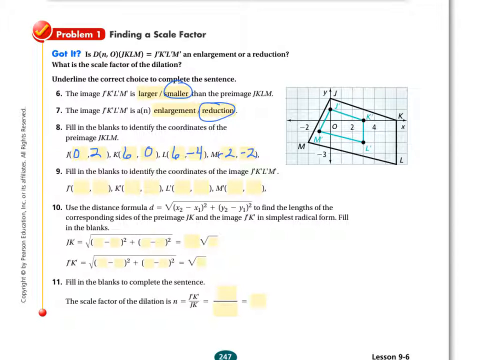And then I want you to find the ordered pairs of J prime, K prime, L prime, and M prime, please.